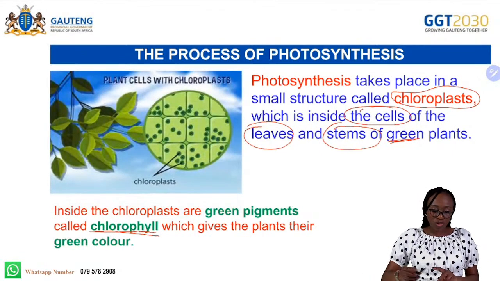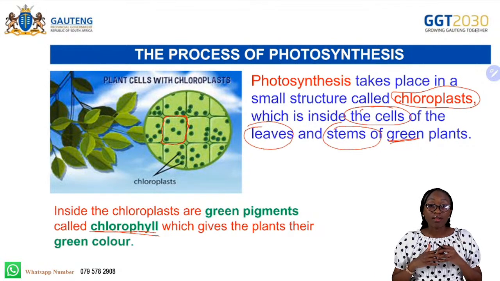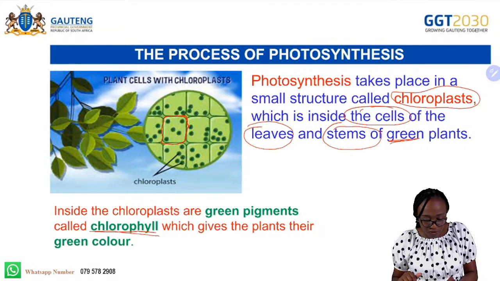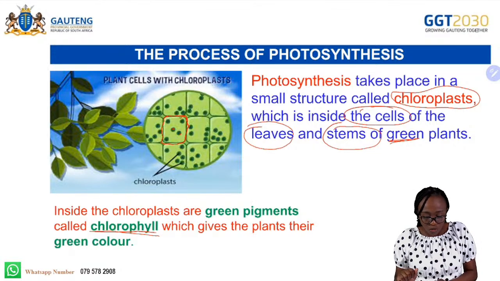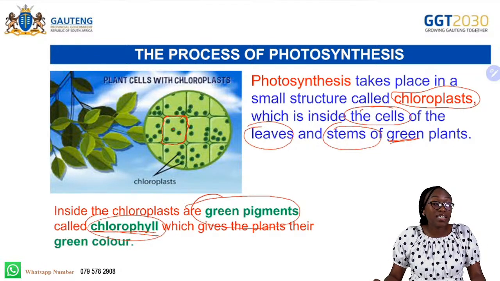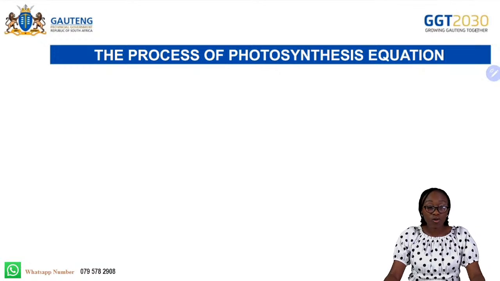There is a picture, so we've got a leaf in this particular case, and then this represents, I'm going to circle it, the cells of the leaf, and inside the cells of the leaf we find chloroplast, and inside the chloroplast we find a green pigment. What is that? It is chlorophyll. So this is where photosynthesis happens, inside the chloroplast.